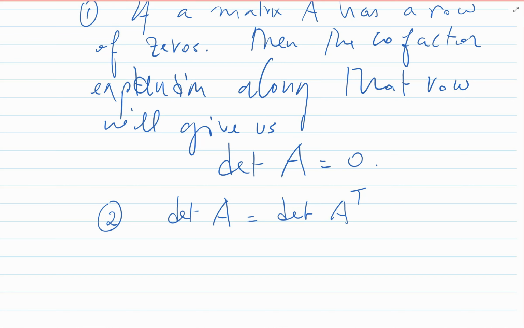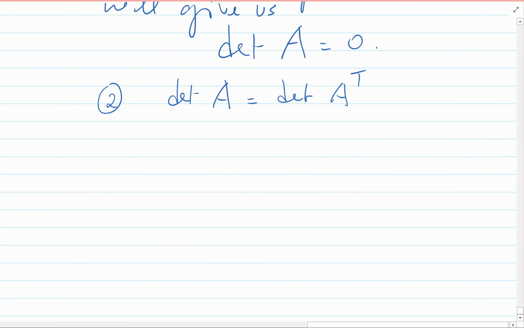And therefore, the determinant of A is the determinant of A transpose. It's the same. So the same conclusion we had for the rows is also valid for columns. If you have a column of zeros, then the determinant is equal to 0. So it's valid whether we have rows or columns.